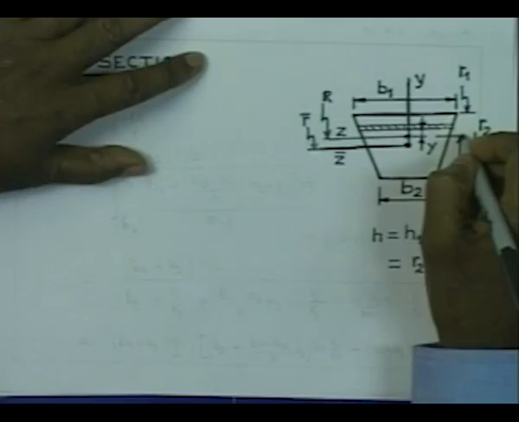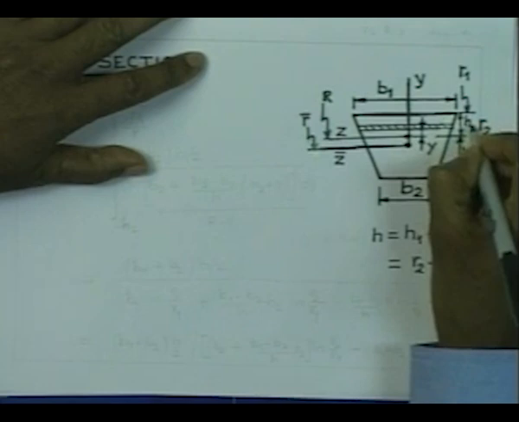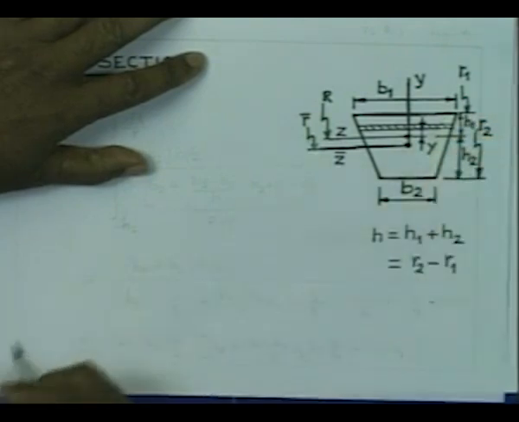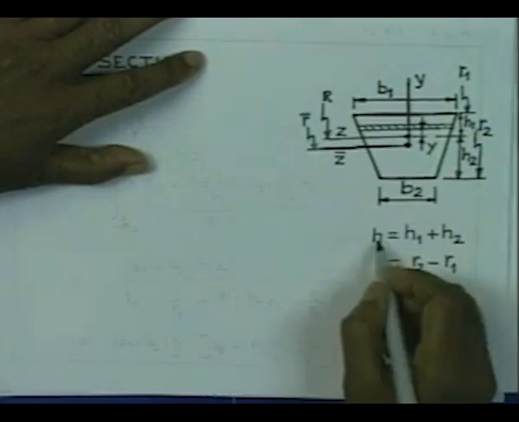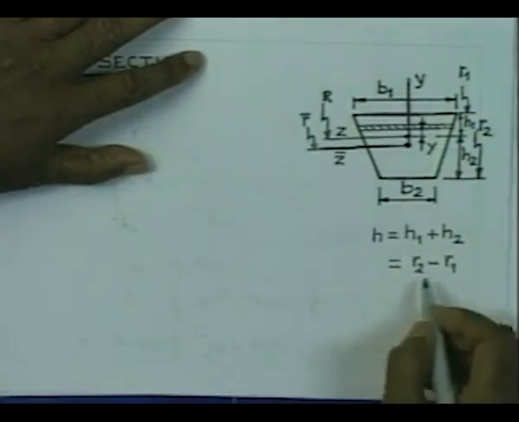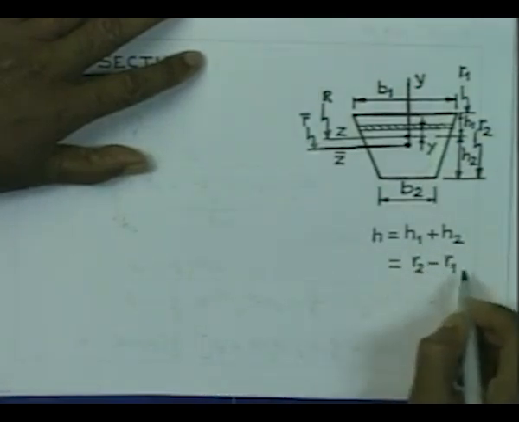This height is h1. So, h is nothing but h1 plus h2, which is the same thing as r2 minus r1.